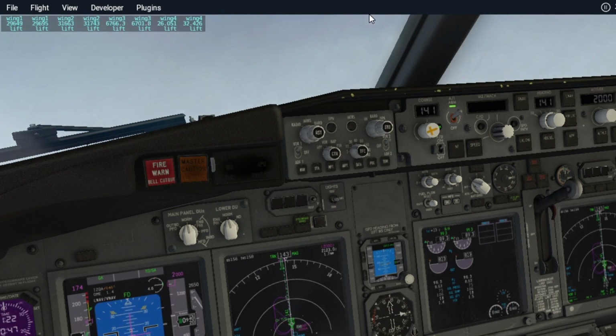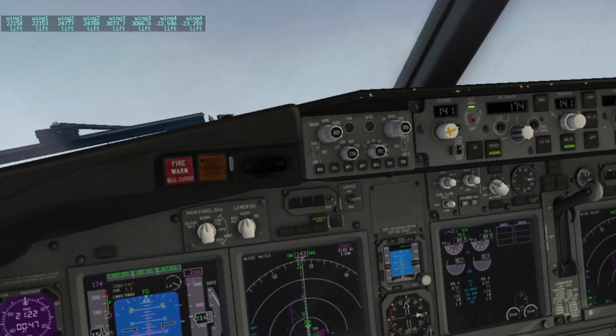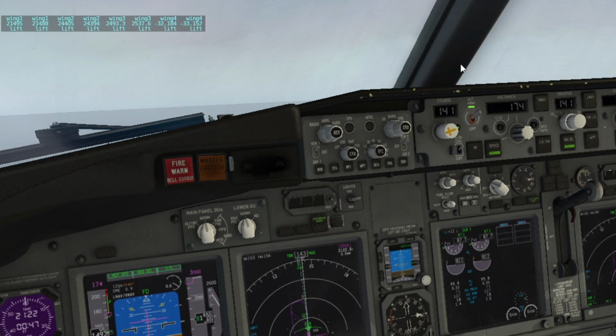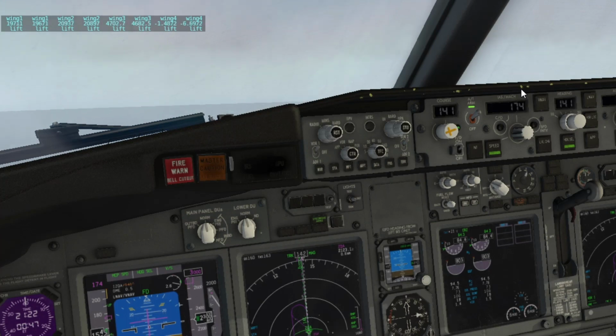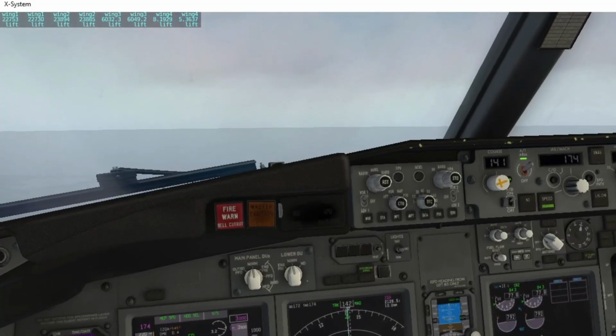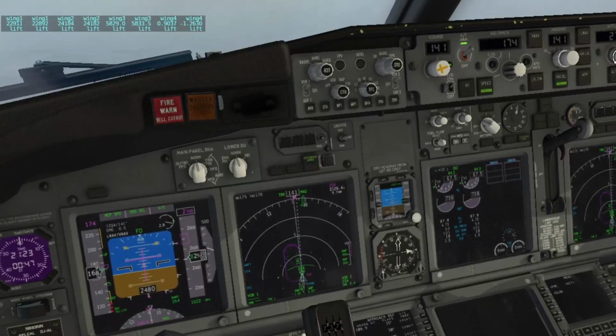All right, that's first to 15 degrees of pitch. So we climb 2,000 above. Maybe we go 3,000. Flaps 5. What does the missed approach procedure say? 2,000, then turn left. Okay.